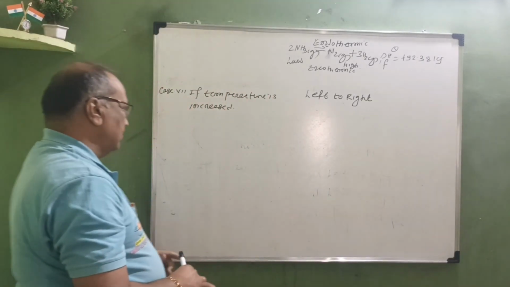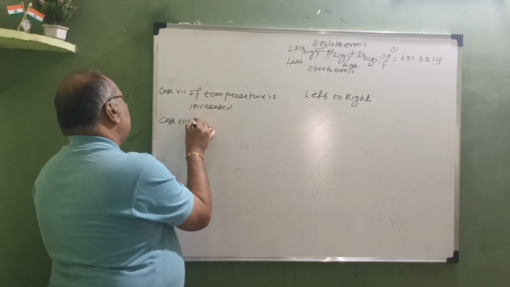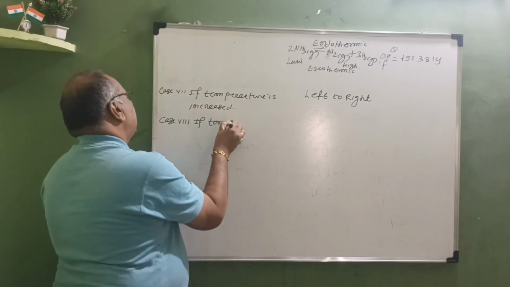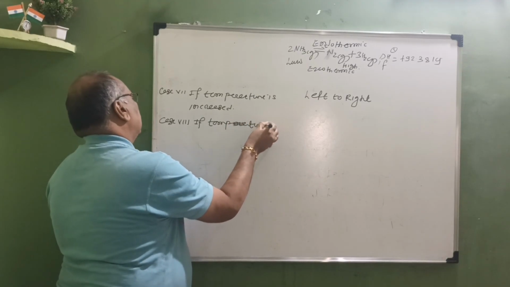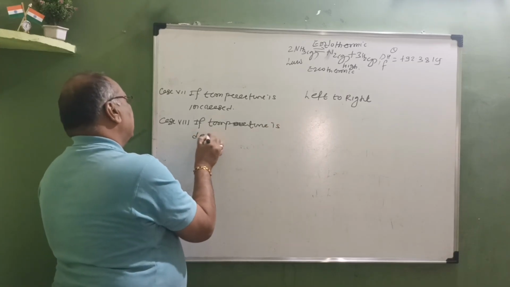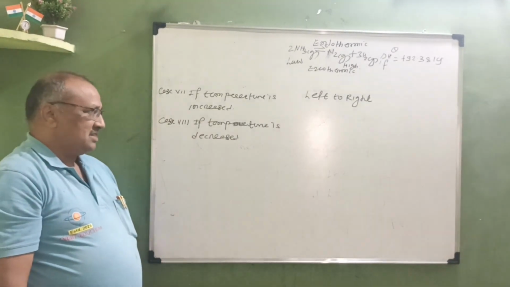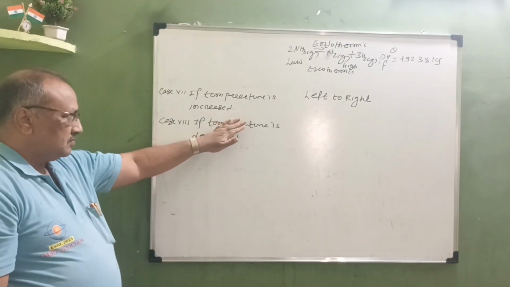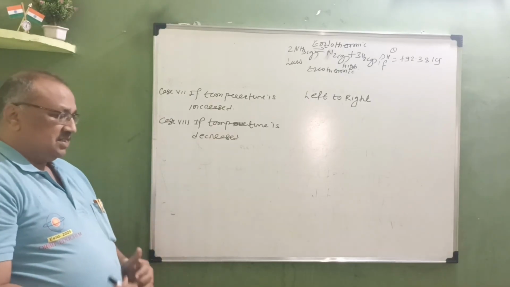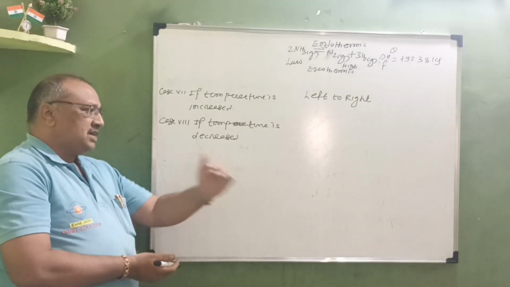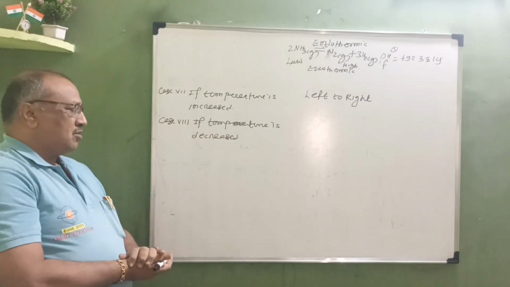Then next, if temperature is decreased, in this case equilibrium of this reaction will shift in the direction in which heat is evolved, that means exothermic reaction, so that temperature of the system is increased.